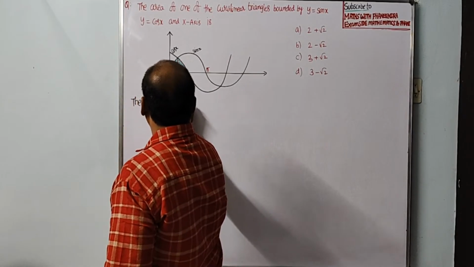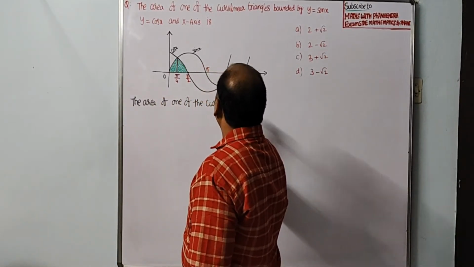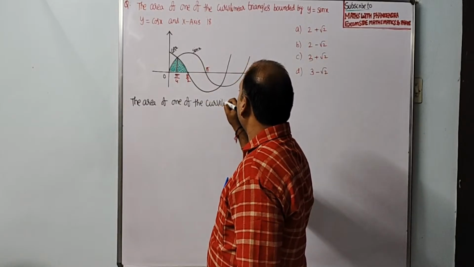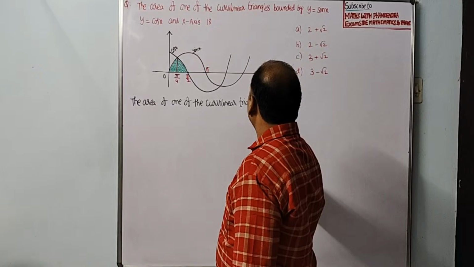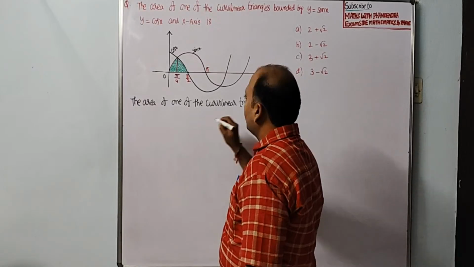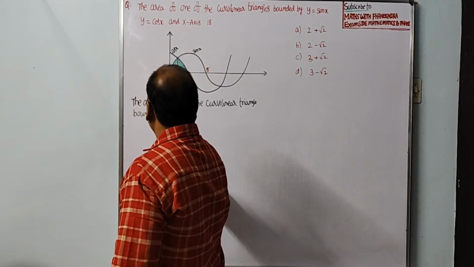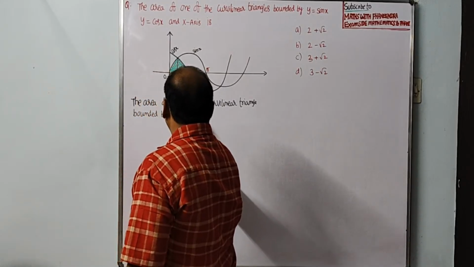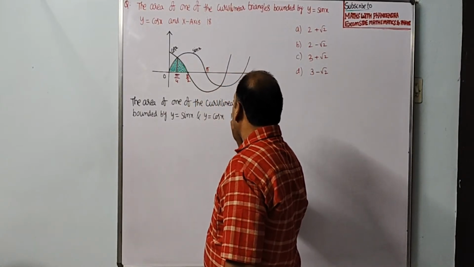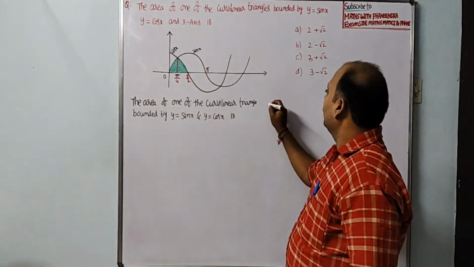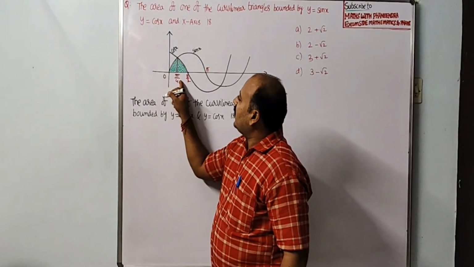of one of the curvilinear triangles bounded by y is equal to sin x and y is equal to cos x is A equal to integral from 0 to pi by 4.